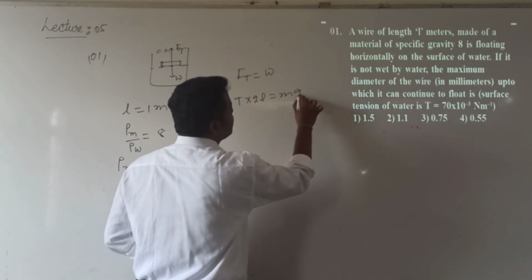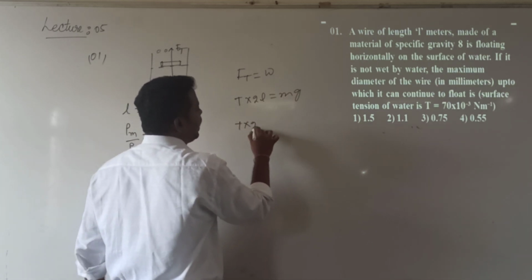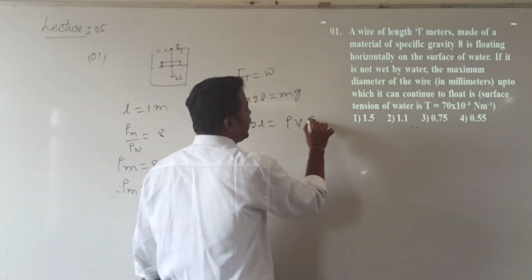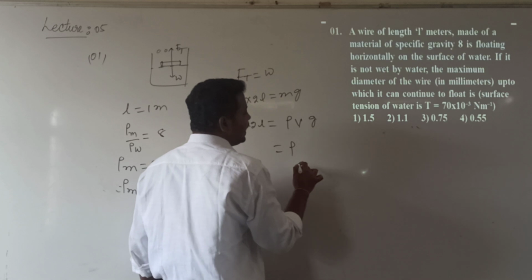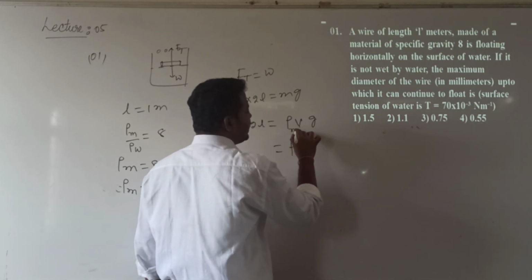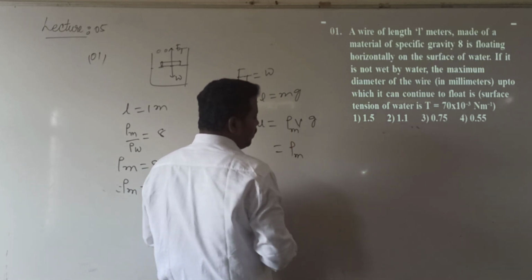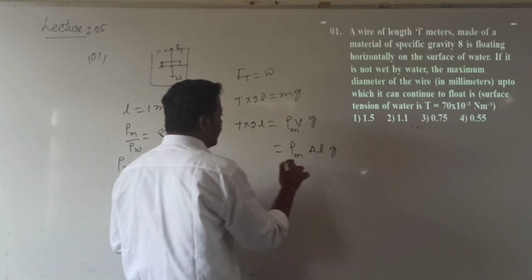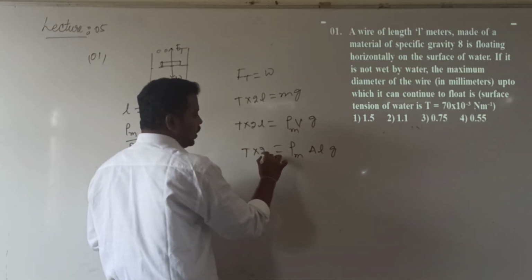Weight formula is mg. So T into 2L will be equal to mass, which can be written as density into volume, into g. This is the density of the material, and the volume is given by area into length, into g, equal to T into 2L.